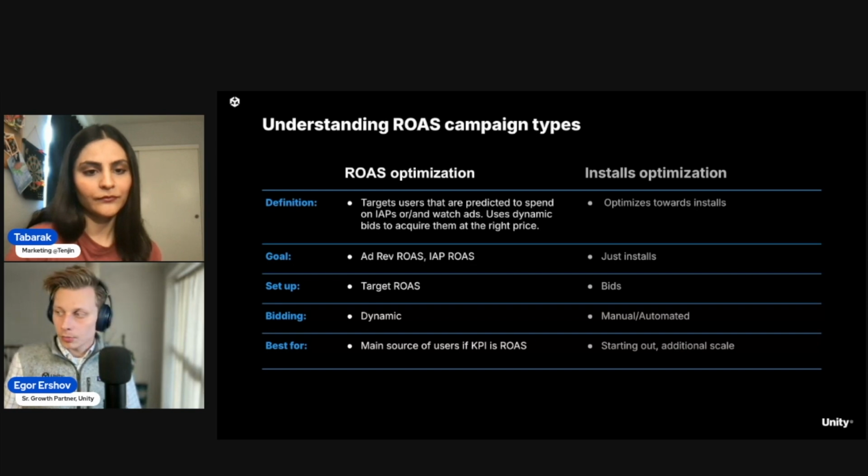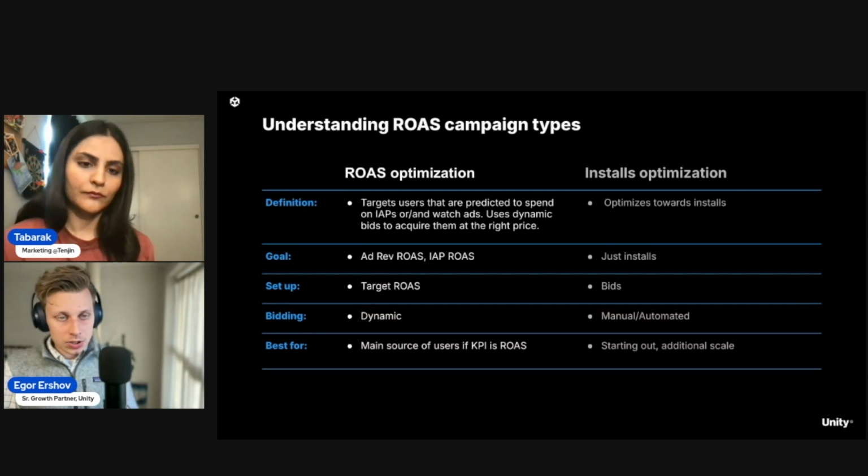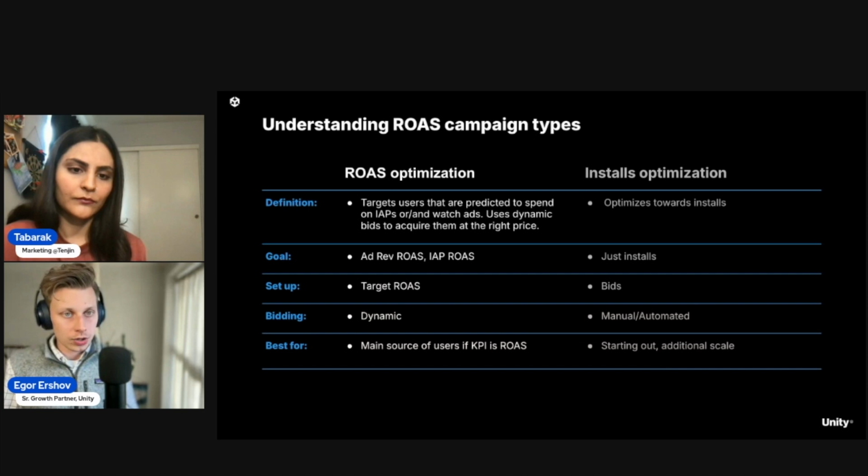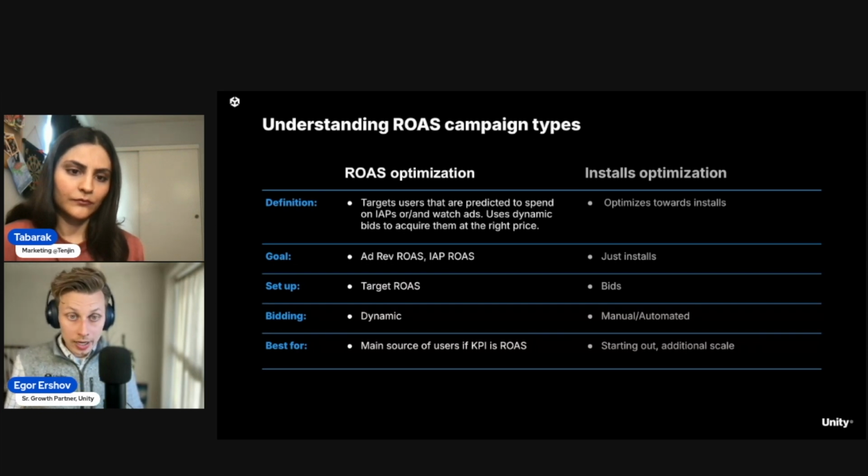When you work with the ROAS campaign, you pretty much have one and only way to influence how it works with the bids. So this is going to be your target ROAS. And this is the only setting which regulates how you work with different users and what goal you're setting for Unity.